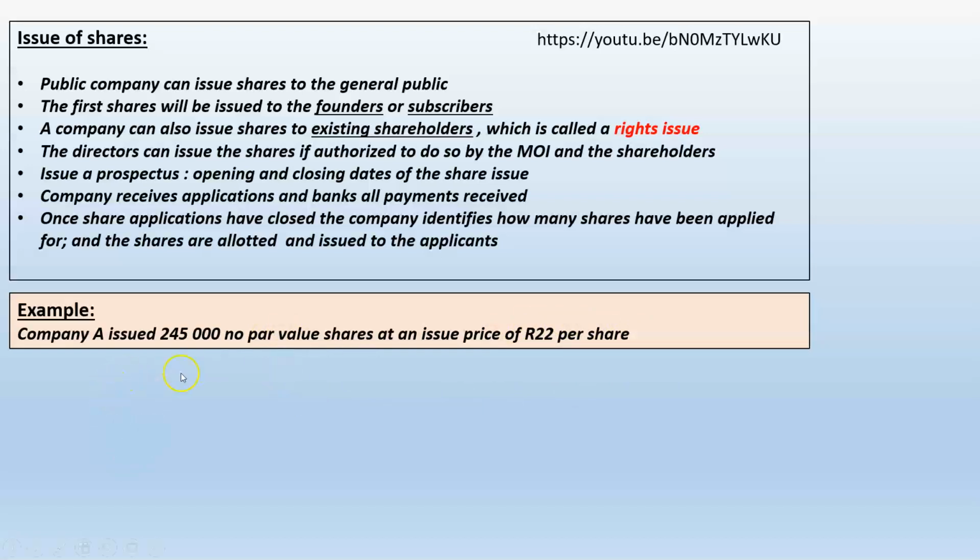So we have an authorized share capital, let's say, of 1 million ordinary shares, and you can issue that share now at any price that you want. So in this case, we have decided to issue 245,000 shares at no par value, where there's no nominal value attached to the share, and we are going to issue that at 22 Rand per share.